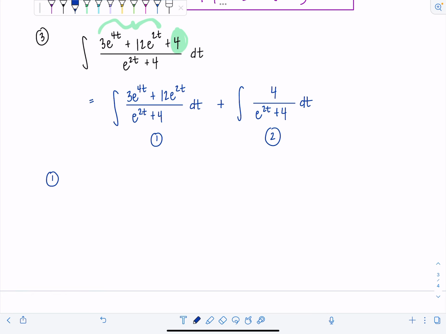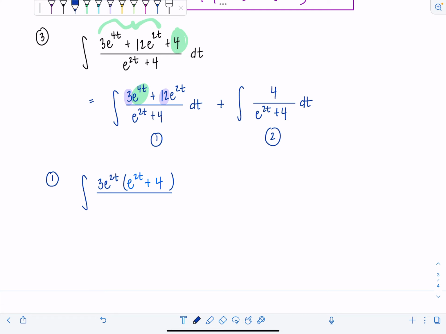So check this out. For integral 1, I mentioned initially we can factor out a 3 from both those terms and an e to the 2t. So if I take out 3e to the 2t, then what am I going to be left with in the numerator? If you take out e to the 2t from e to the 4t, you're just going to have e to the 2t left plus, yes, just a 4.